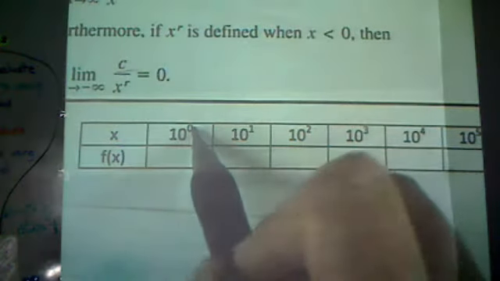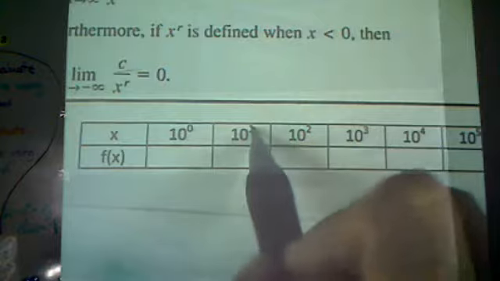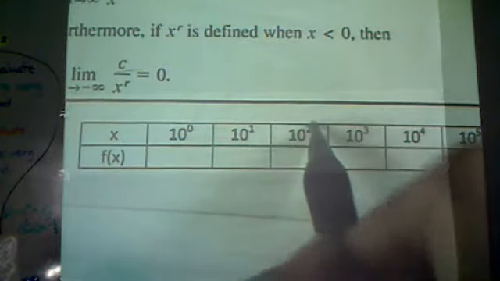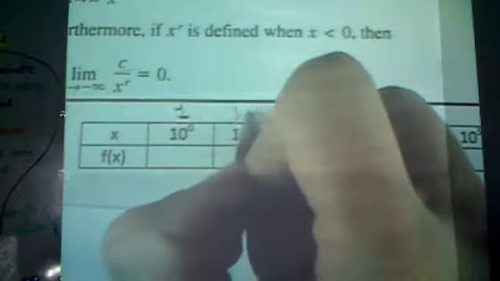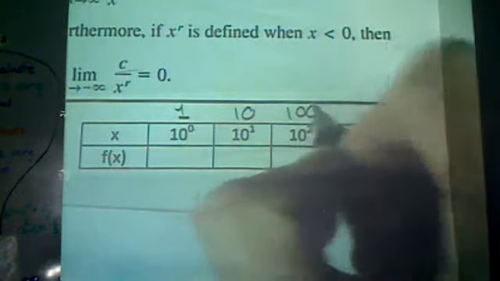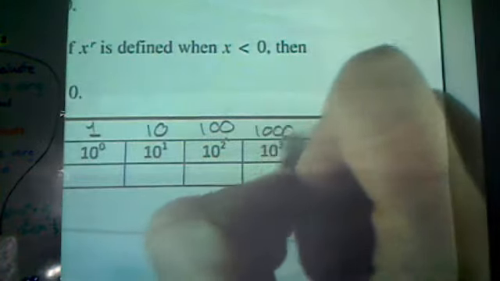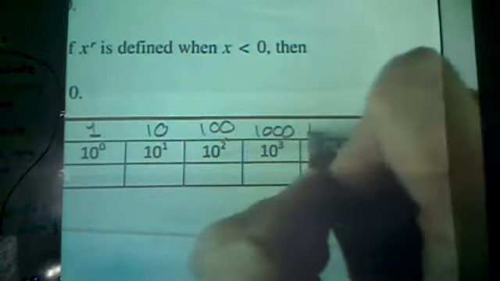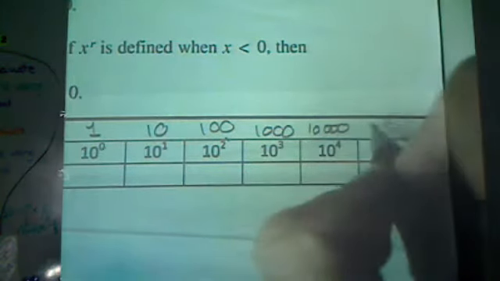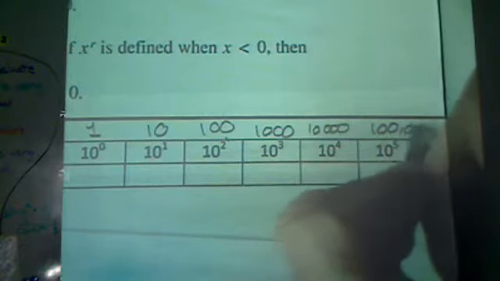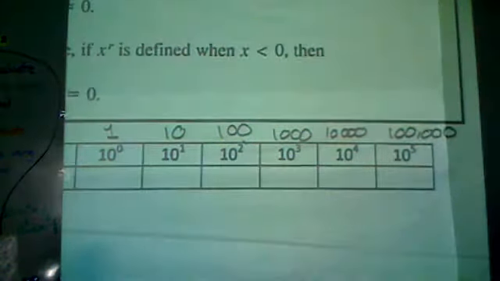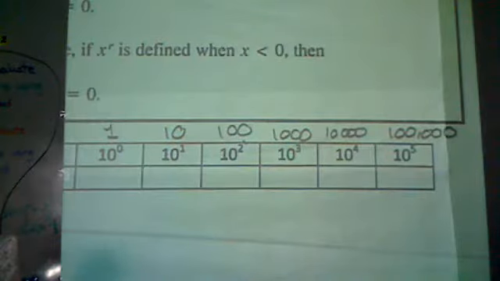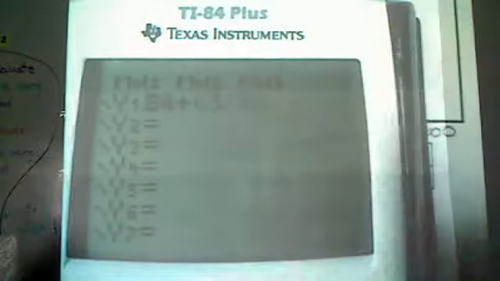We're going to use 10 to the power of 0, 10 to the power of 1, 10 squared, which is 1, 10, 100, 1,000, 10,000, and then 100,000. Would you agree that as we go along here, the x value is getting bigger and bigger? We're going to use the table in our calculator to see what would happen.